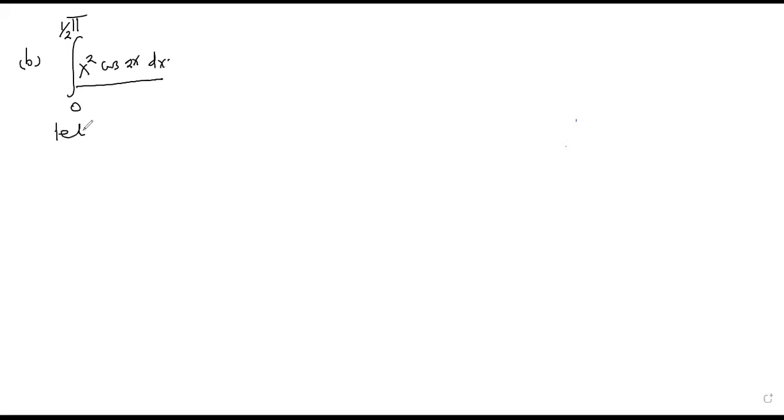So we shall first let our u be equal to x squared and our dv dx to be equal to cos twice x, so that my du dx is equal to 2x, and then my v, when I integrate cos 2x, I will get my v, actually it is just cos x, sorry, just cos x.